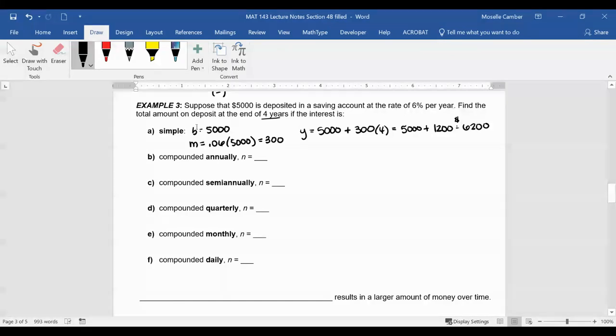Now annually, when it's compounded annually, N is going to be 1. Our principal is 5,000, our APR is 0.06, and my Y is 4.